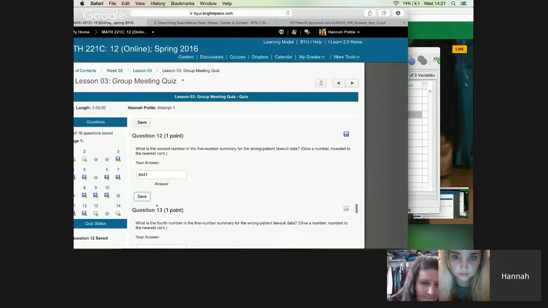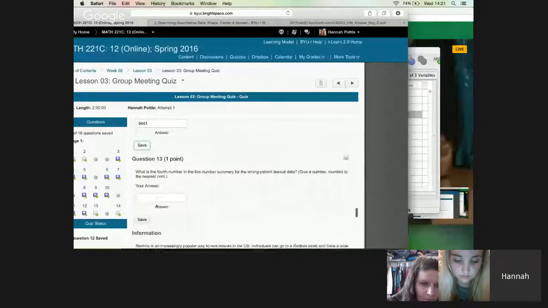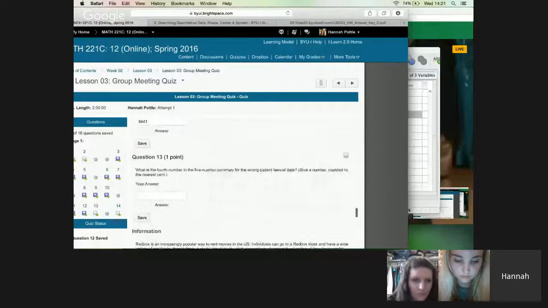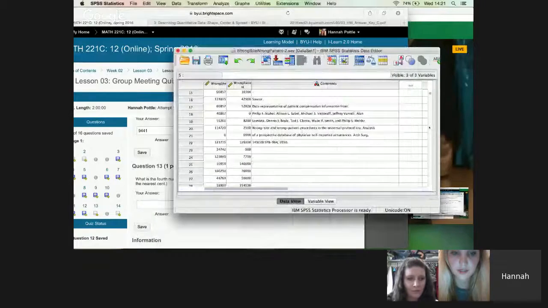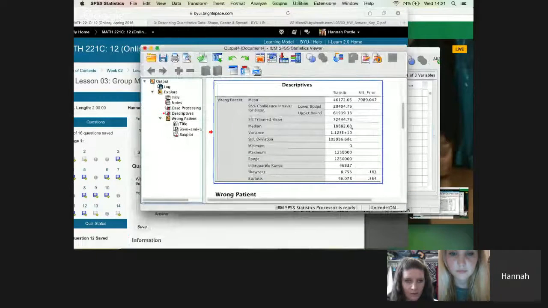And then the fourth number, so that would be the 75%. So the median is 18,882. Yeah, so the median's right there. Okay, so that plus that 9,000 number that we just got. Yeah.